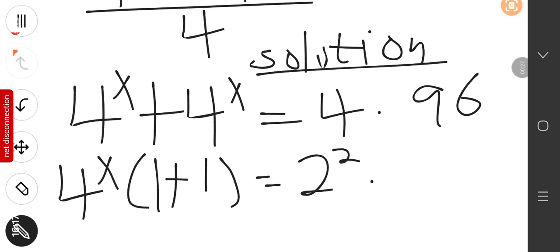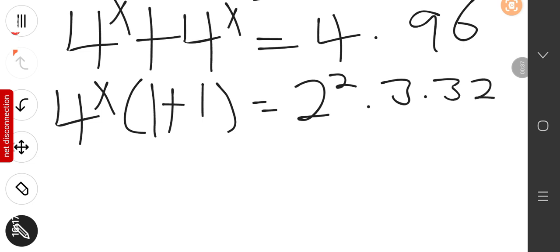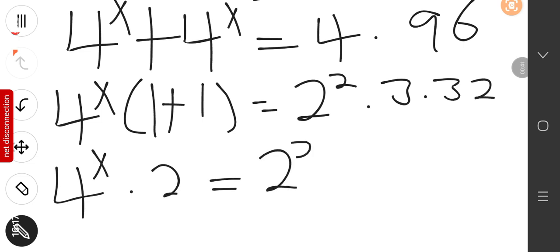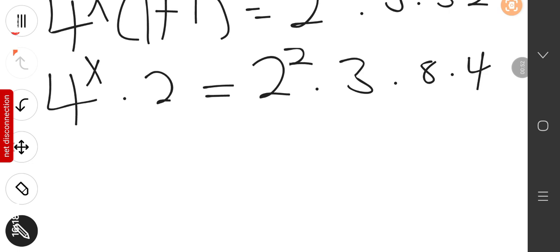Now 96 is the same as 3 times 32. All right, so our equation becomes 4 exponent x times 2 equals 2 exponent 2 times 3 times, now 32 is the same as 8 times 4, so 4 times 8 is 32.